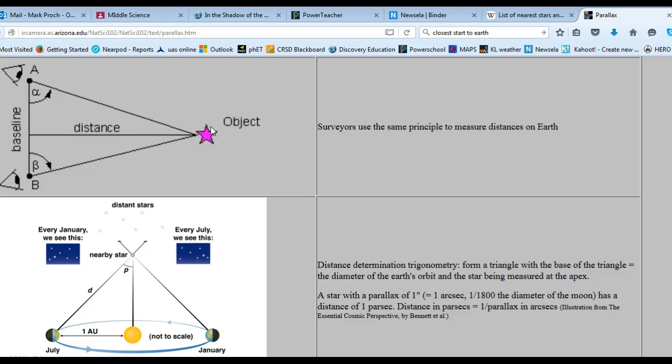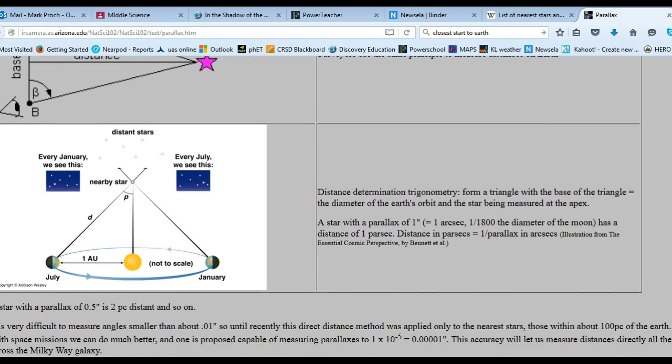Okay, so perhaps a little better of a view here. Here's this certain star we see every once in a while, and what they do is they take the Earth and the Sun. So this is 1 AU, right? And then here's this nearby star, right?